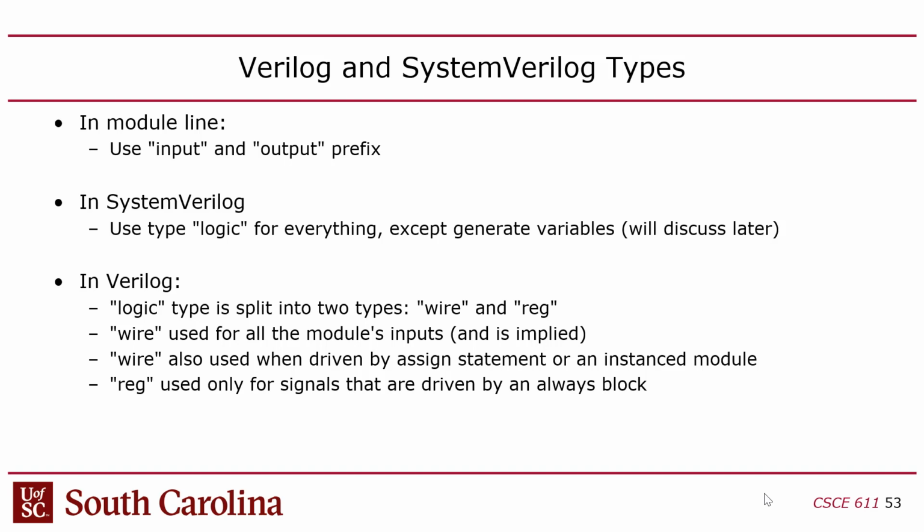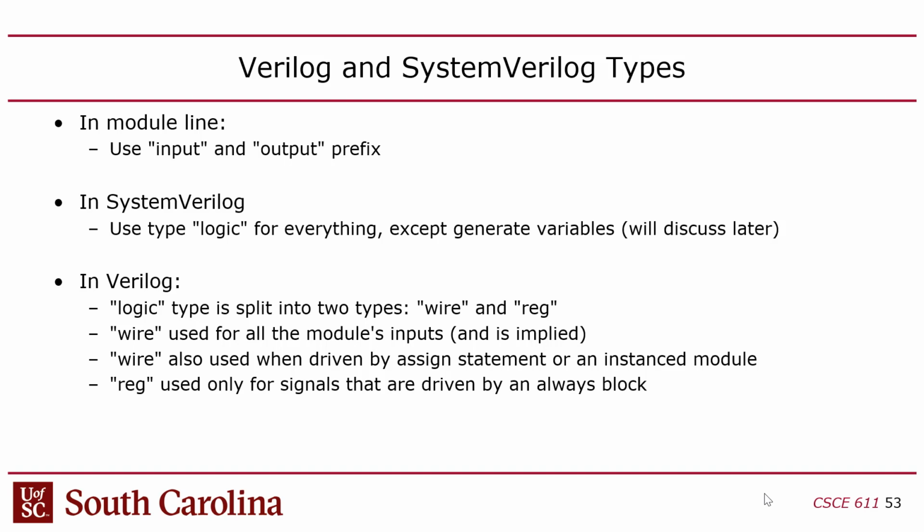But in Verilog, the logic type is actually split into 2 types, wire and reg. It's the same thing. Both represent a binary value. The difference is that a wire is a structural net value, meaning that you use wire for any bit that's driven by a structure, which is like another module that you've instanced, or by an assign statement.